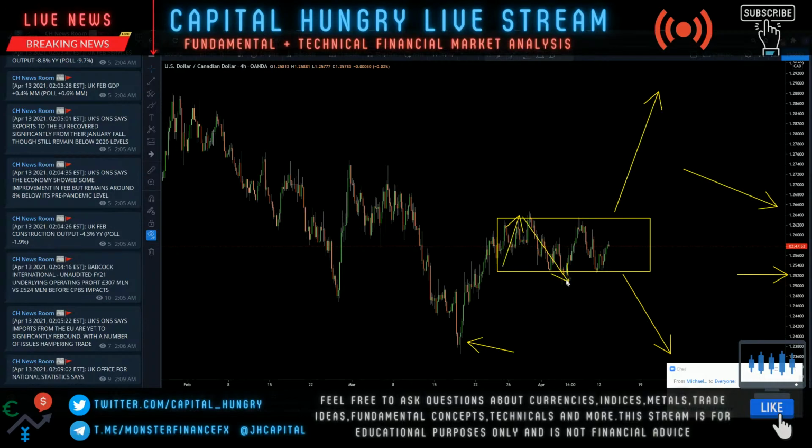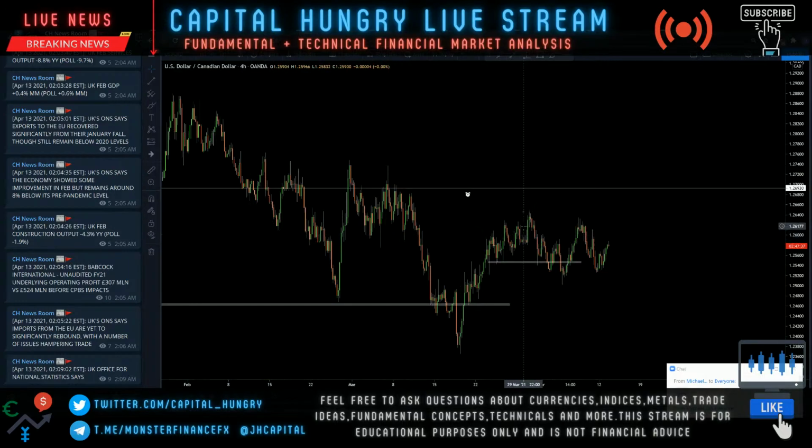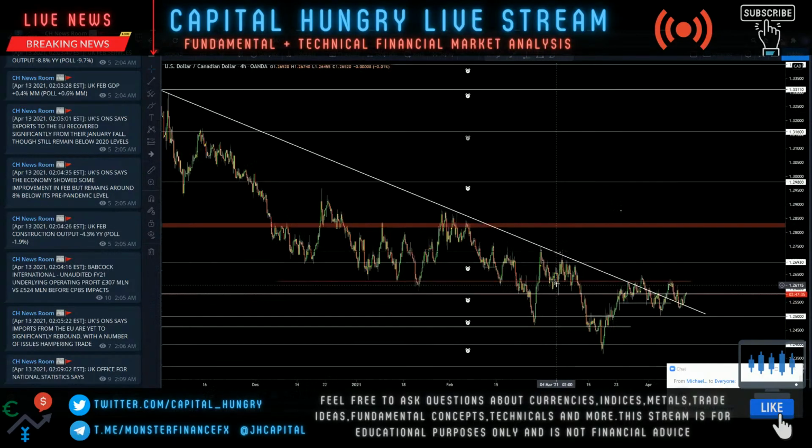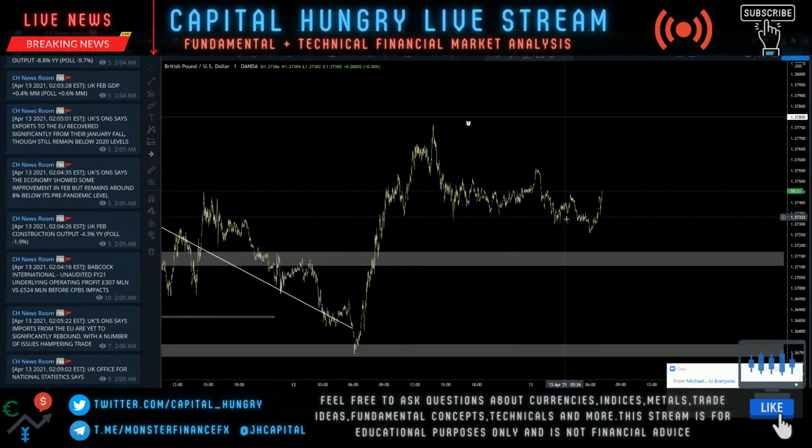It's best not to stress and exert your mental energy and waste your time trying to play these intraday ranges when we could possibly take advantage of something more favorable that looks a lot cleaner as per the probability. So we're not going to be looking at USD CAD as it's just primarily been ranging, even though it's still respecting that higher time frame bearish market structure.